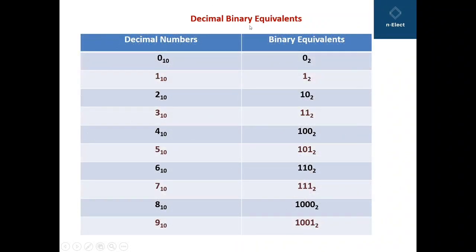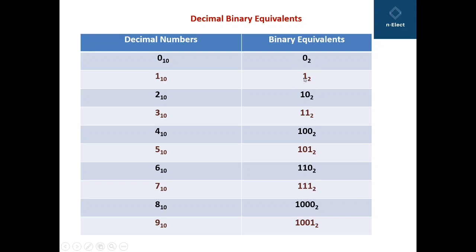Here you can see the decimal and binary equivalents. The decimal numbers we have shown from 0 to 9, and their equivalent binaries we have shown on the right hand side. For 0 and 1, you will find no difference so far as binary and decimal are concerned. But from 2 onwards, the binary differs. Why is this? Because binary uses only 0 and 1.